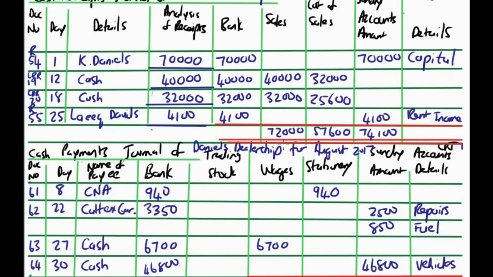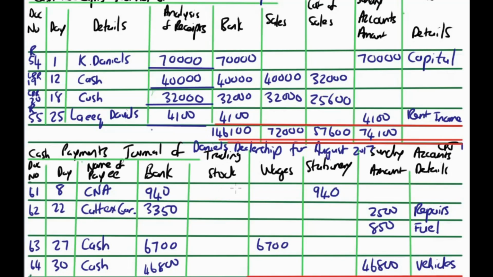And then for bank, we'd have to add the bank up. Let me just add that up quickly. So if you grab your calculators there, it's a 70,000 plus 40,000. That gives us 110,000. Plus 32,000 plus 4,100. So it gives us an amount here for bank of 146,100.